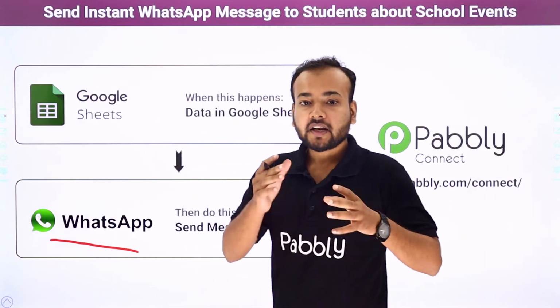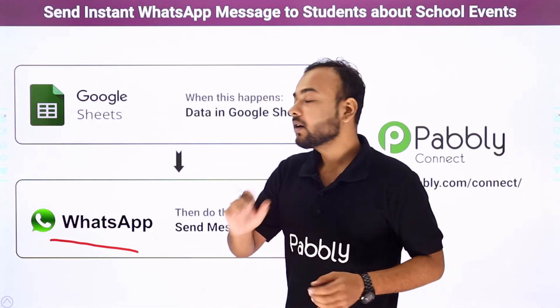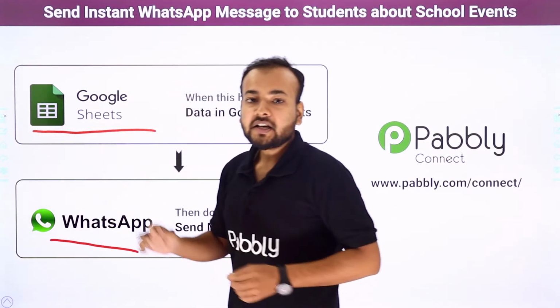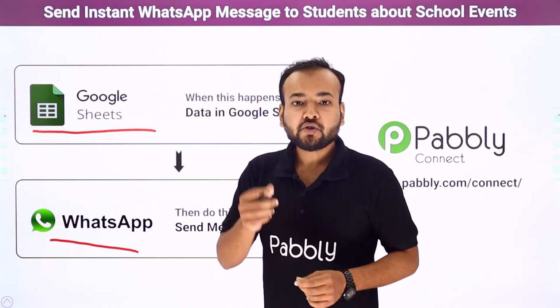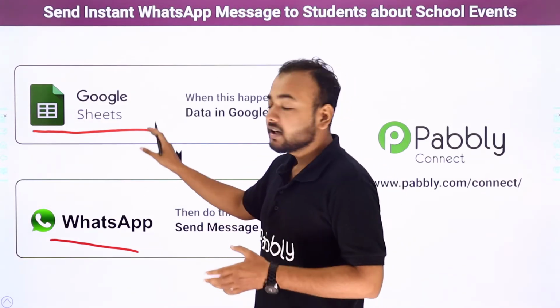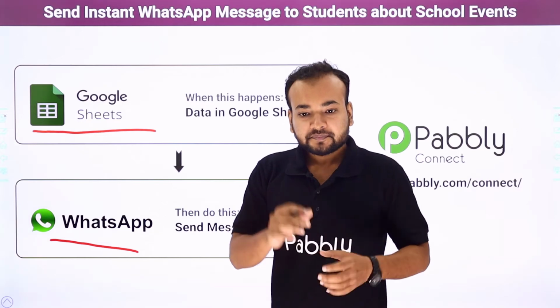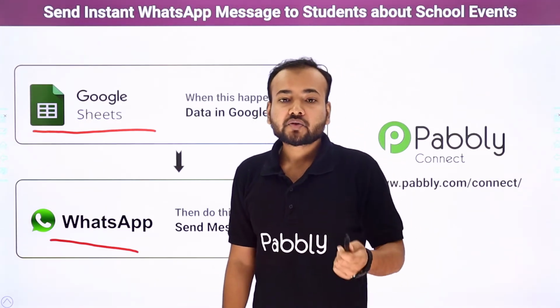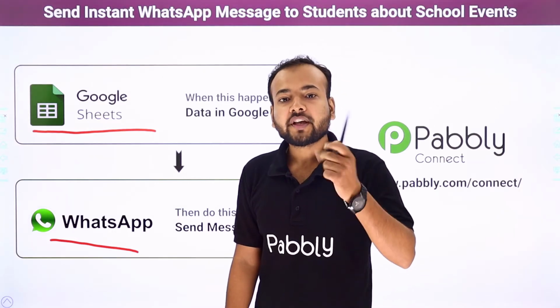You have the record of your students along with their contact details in your Google Sheets, and you have a separate spreadsheet in which you maintain and update the record of upcoming school events.